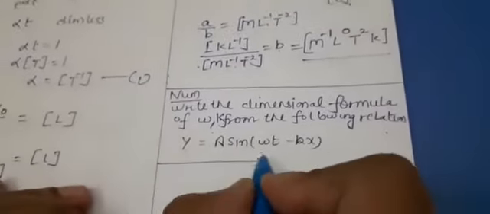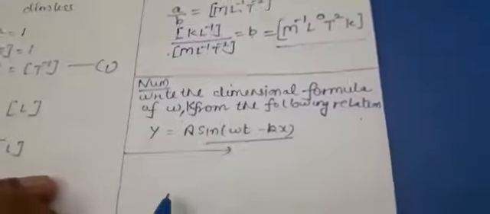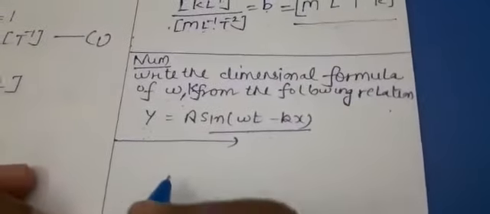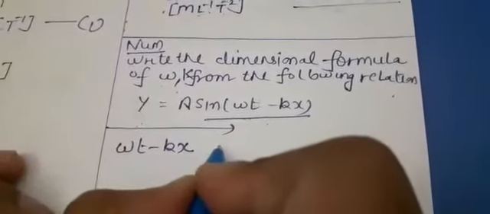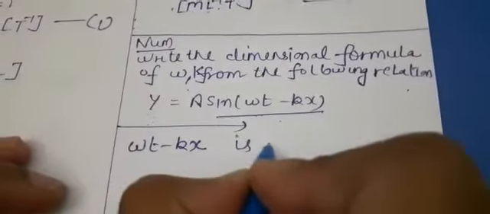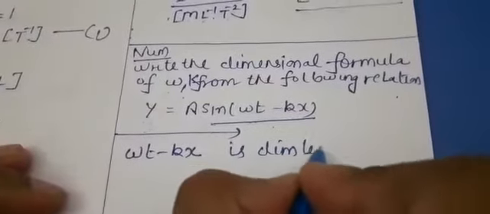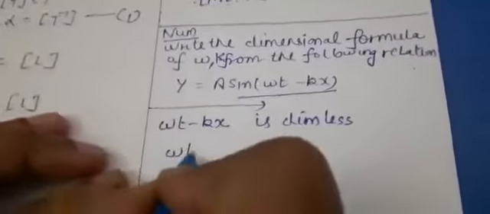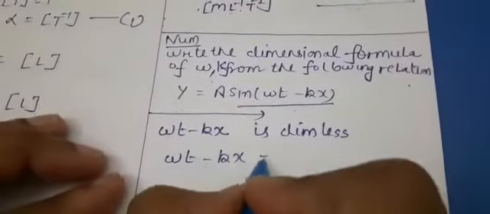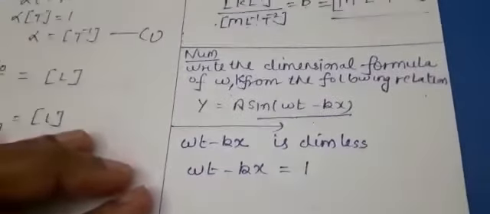The basic step is that the sine function should be dimensionless. When it is dimensionless, it means omega t minus kx must be dimensionless. If it is dimensionless, what does it mean? That omega t minus kx has no dimension formula.